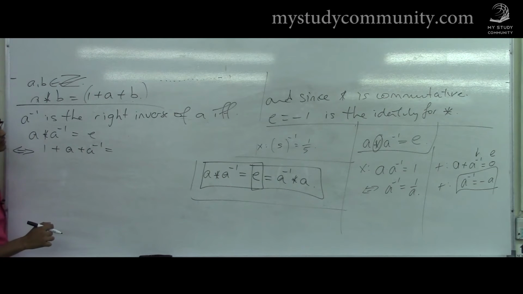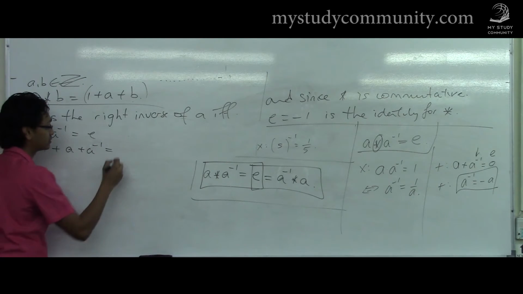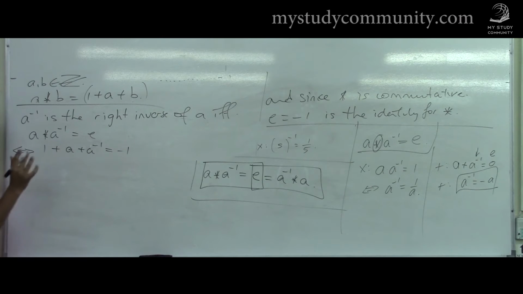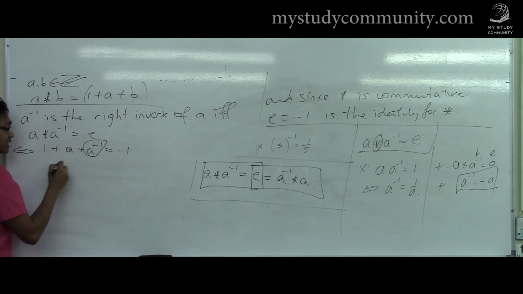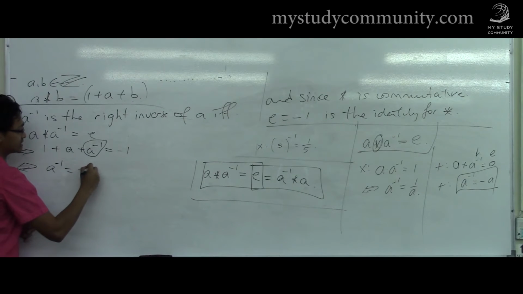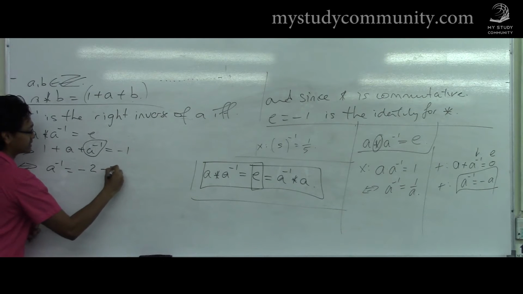E is negative 1. And we solve. What do we want? We want A inverse. And A inverse is this. So I get A inverse is negative 2 minus A.